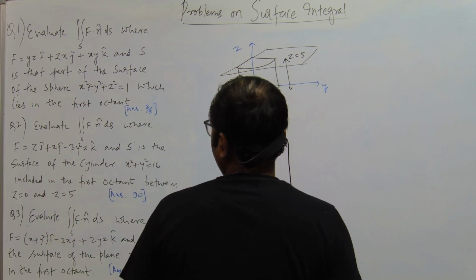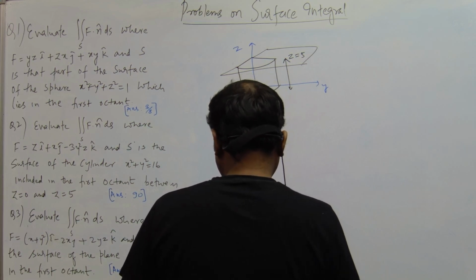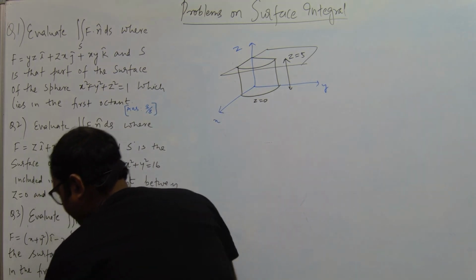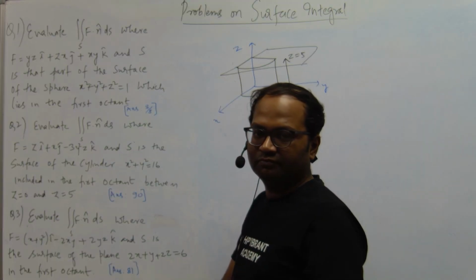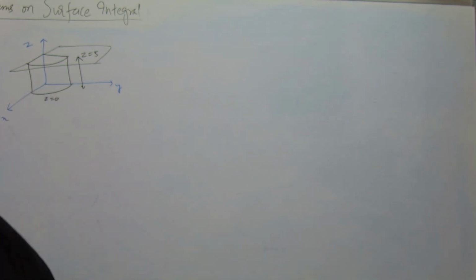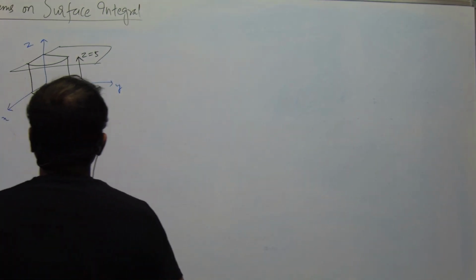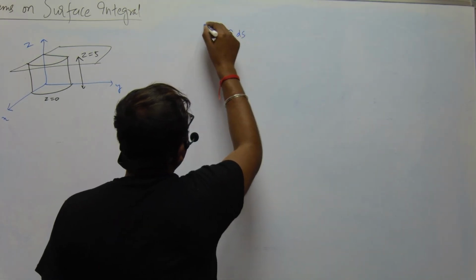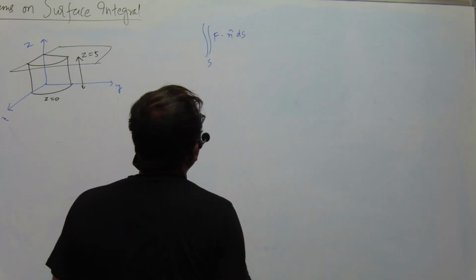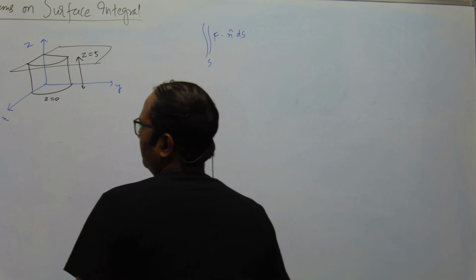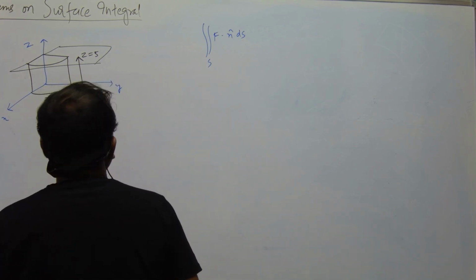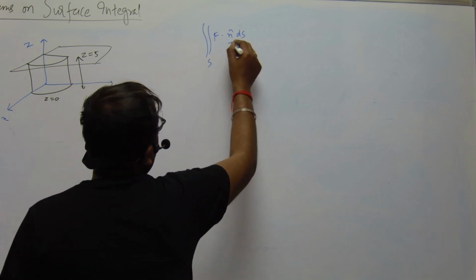Let us find the value of this integral. We have the double integral of F dot n cap ds. Let us find the value of n cap and ds. How can we find this?